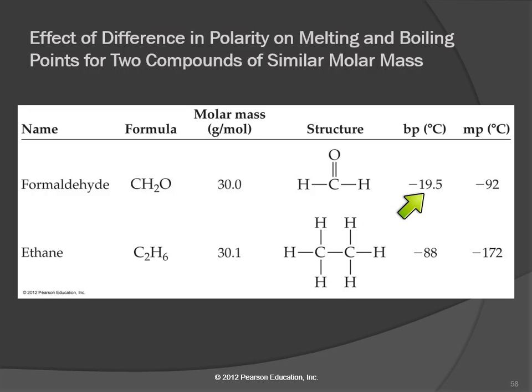Minus 19.5, minus 88. This is a lot lower. Ethane boils at a lower temperature because it's a nonpolar molecule. The only force that's holding it together is that weak dispersion force. Formaldehyde is a polar molecule. It has stronger forces holding it together. We see the same trend with the melting point as with the boiling point. Any questions?